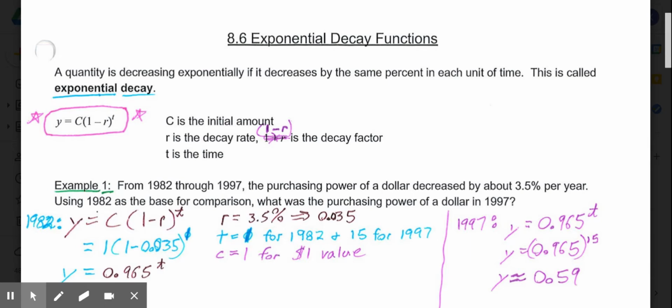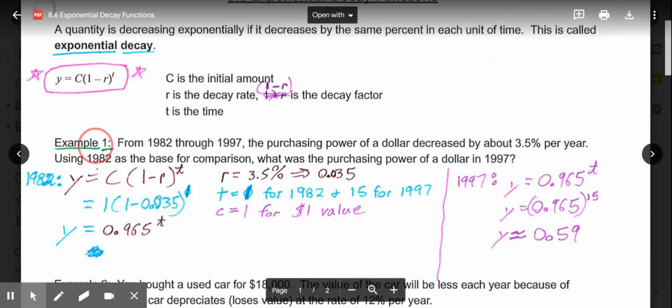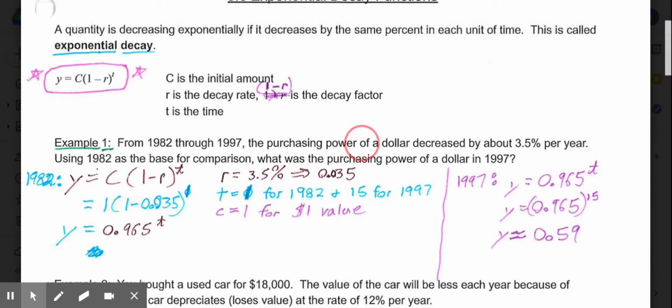So example 1 states: from 1982 through 1997, the purchasing power of a dollar decreased by about 3.5% per year. Using 1982 as the base for comparison, what was the purchasing power of the dollar in 1997?